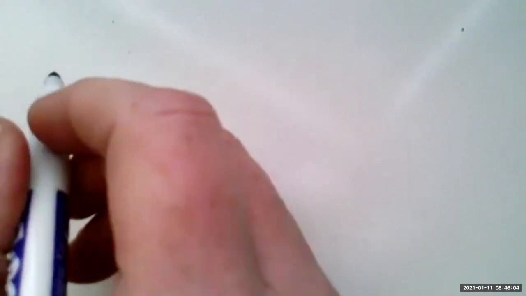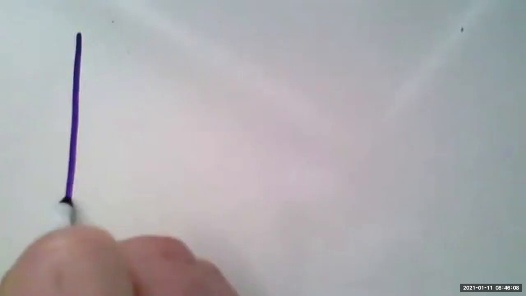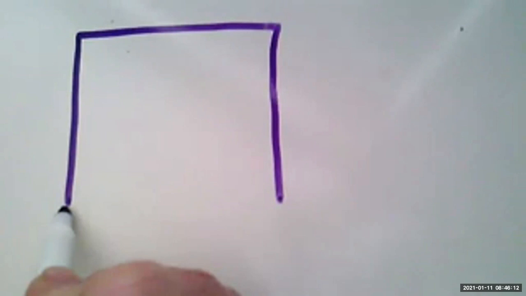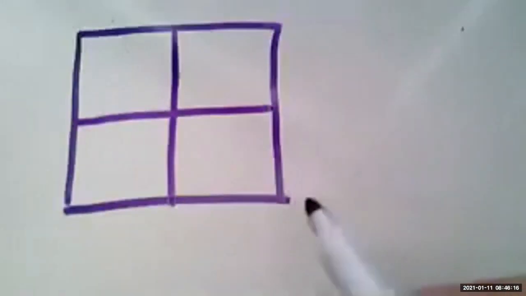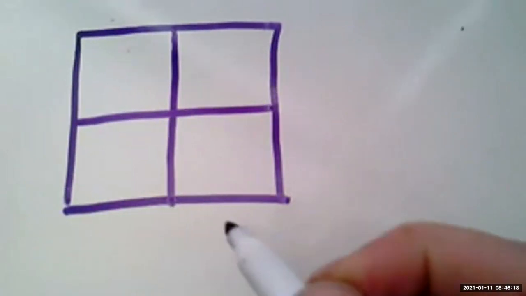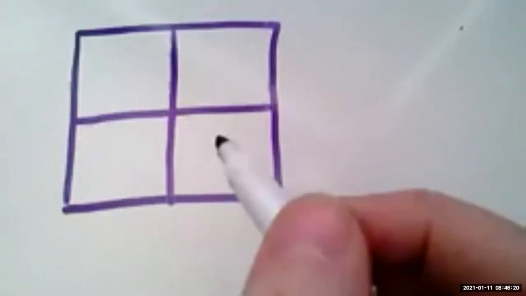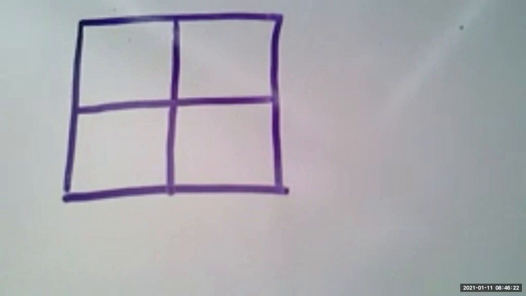For example, I'm going to give you kind of a word problem here. If the school wanted to paint a 4 square box on the blacktop. Here's what a 4 square box would look like on the blacktop if you've played Foursquare.